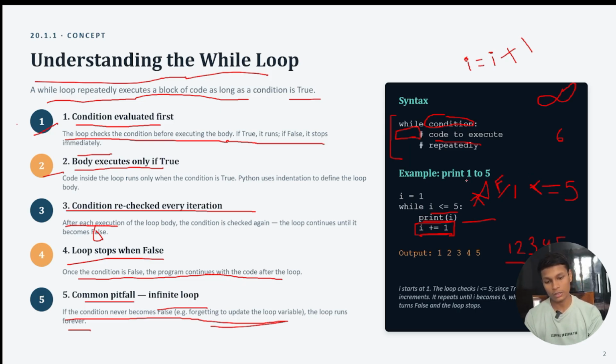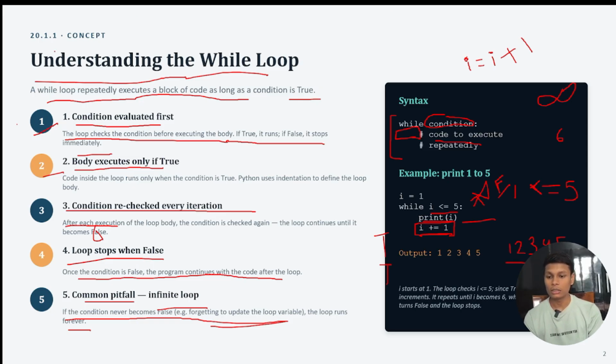So that's why we go with the iteration, which means the value of I will be increased. Or make sure that you give a condition which becomes false, because if the condition is true every time, your computer may hang, your computer may flicker. So these types of things will happen.